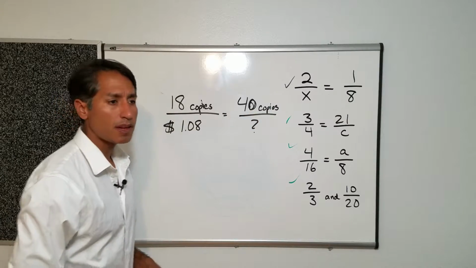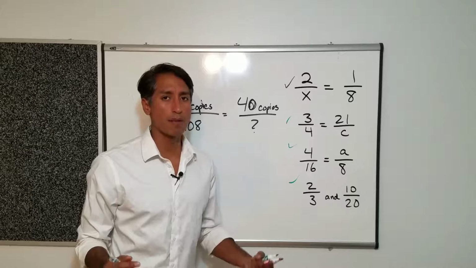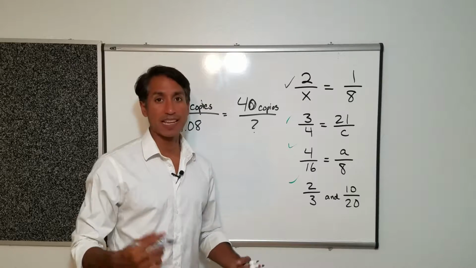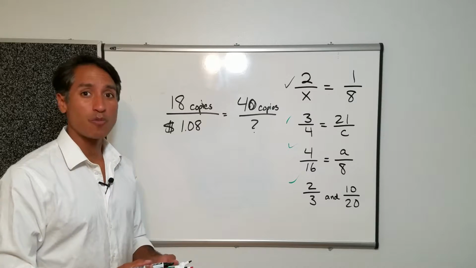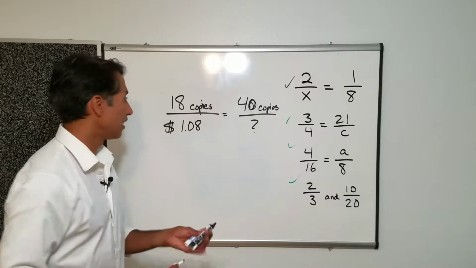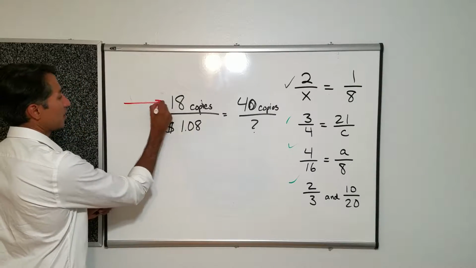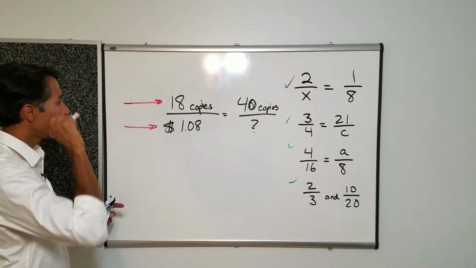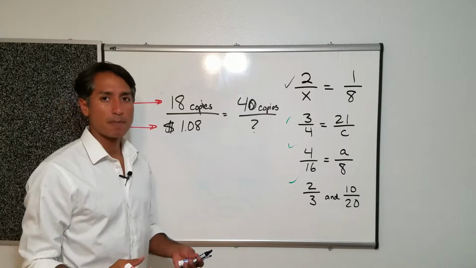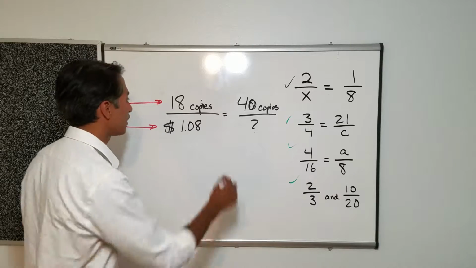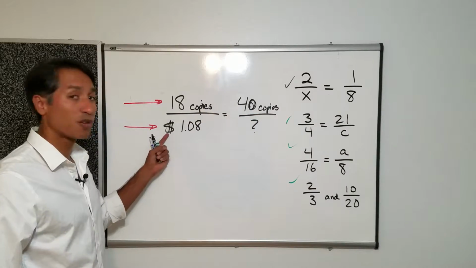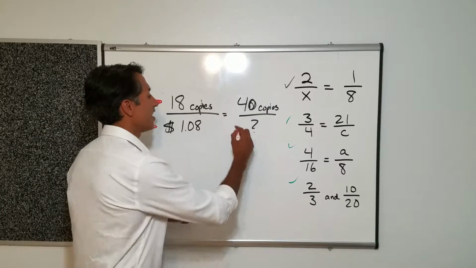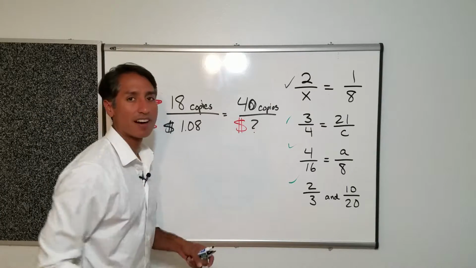Now if it's given to you in a word problem manner, the most common way that people make mistakes is this: you need to match up the things that you're comparing. So if it's copies over here, it's copies over here. If it's dollars over here, then it's dollars over here, okay?